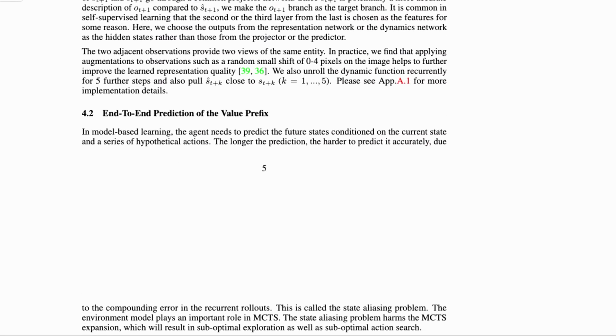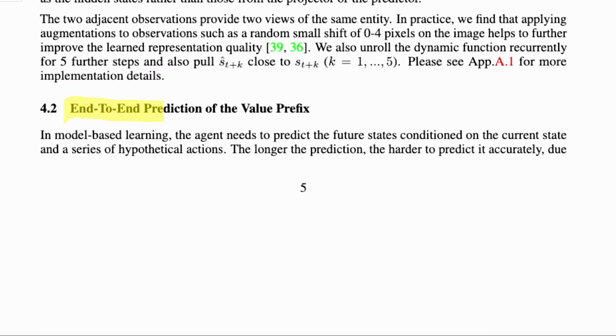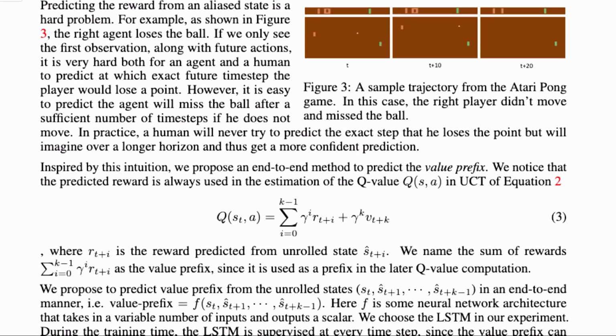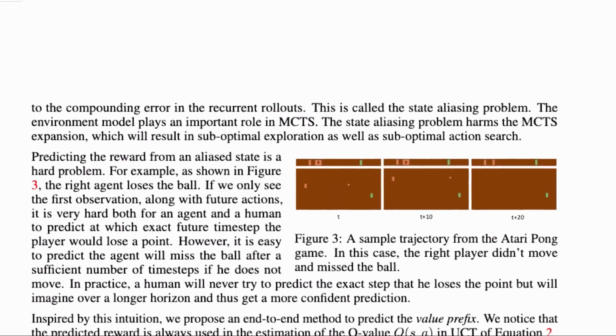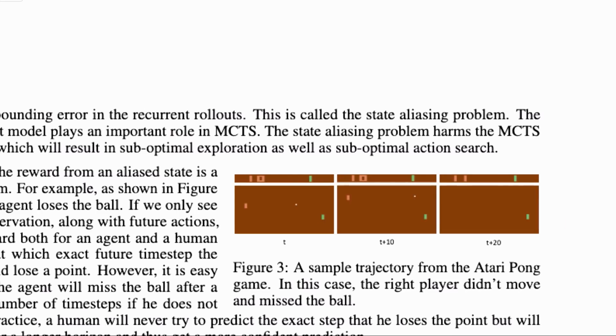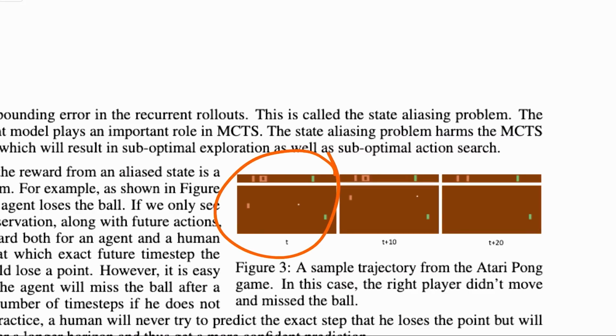The second improvement is what they say, end-to-end prediction of the value prefix. So they make an example right here of saying, okay, what's the value? If you look at this, you have to predict sort of the future value. Can you really predict what it's going to be? Like either the green player, let's say the ball flies in this direction, the green player is going to catch the ball or not, right?